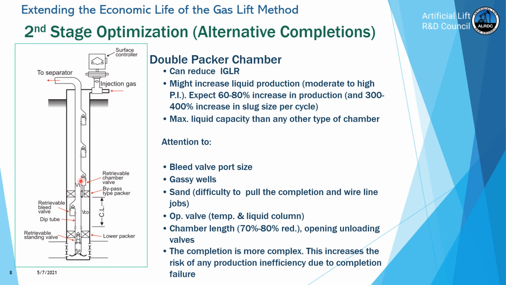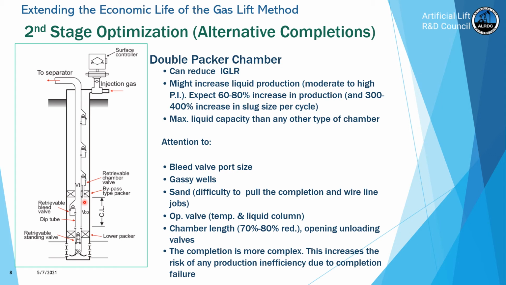But here you have something to worry about: the pressure needs to be able to send the liquid from the operating valve up to the unloading valve and to the surface, but also all the liquid that is accumulated here.